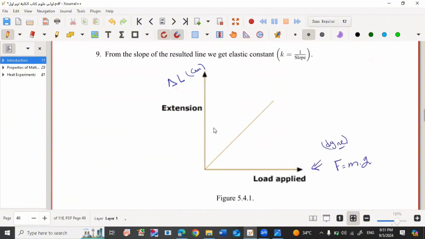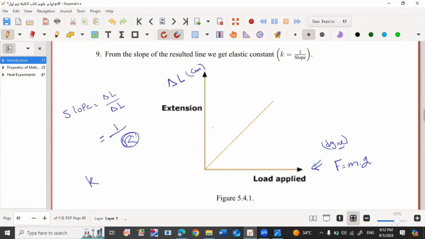Finally, we will find there is a slope here, and this slope equals delta L over delta F, and this will equal 1 over K. This K, we need to know its value.